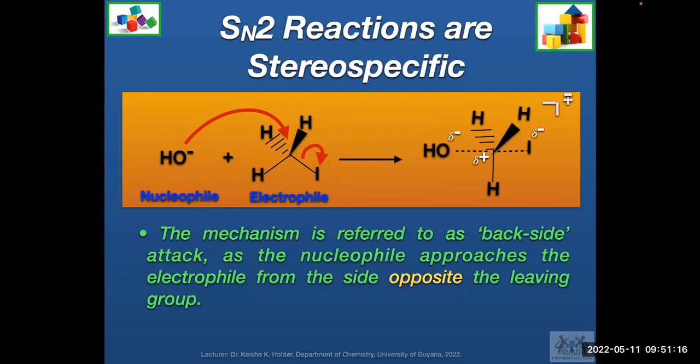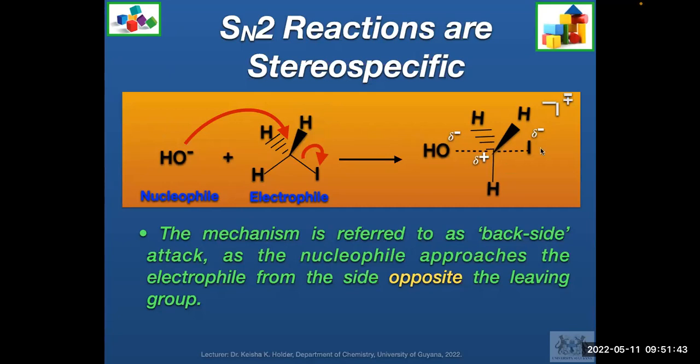Now, as we proceed, we have to give attention to the fact that this has implications for stereochemistry. Because if this were a chiral molecule, let's say it was an R molecule here, once the attack would have occurred, then the resulting product would have the opposite configuration.